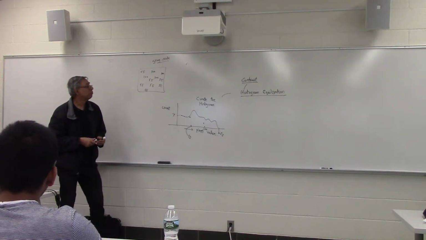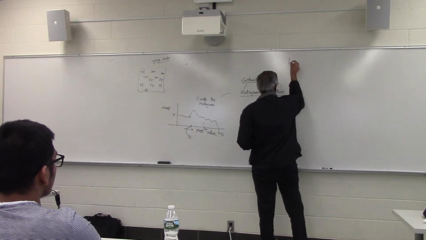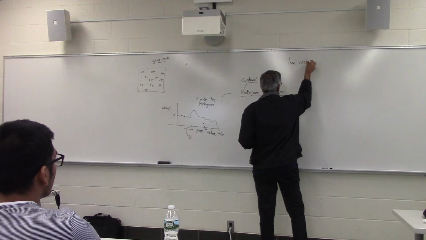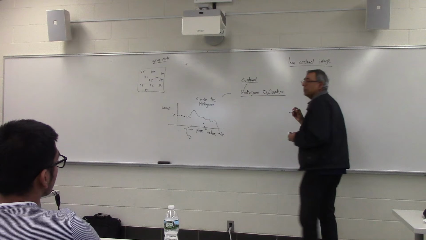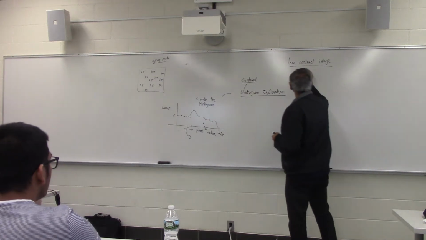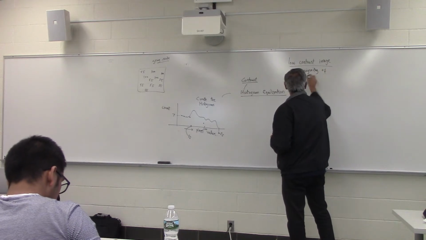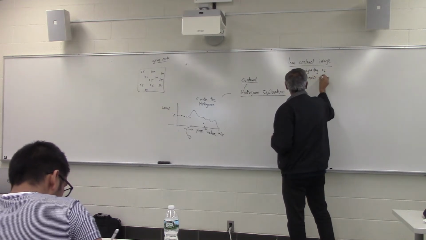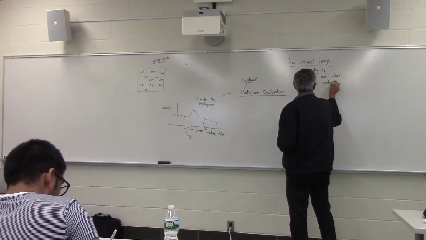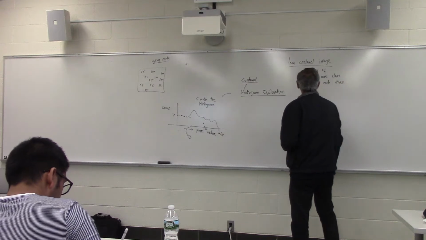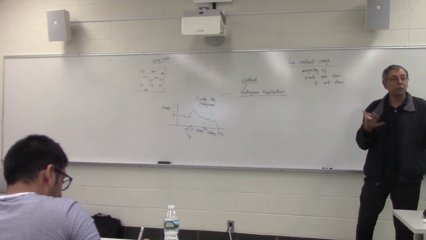So when we have a low contrast image, that means the majority of the pixels are close to each other. They could be high in value, they could be low in value.